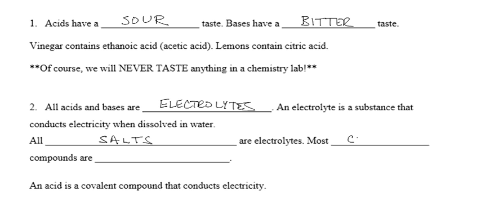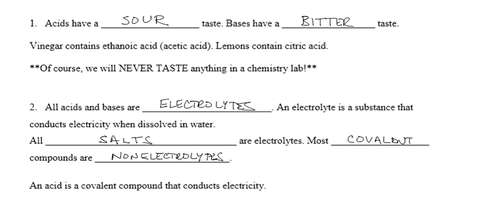Most covalent compounds are non-electrolytes. So if you take salt and dissolve it in water, it will conduct electricity. If you take sugar and dissolve it in water, it will not conduct electricity.